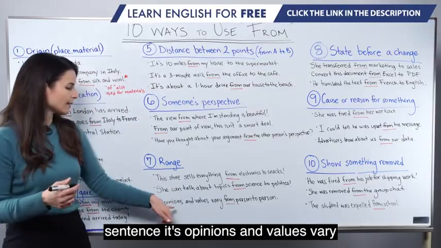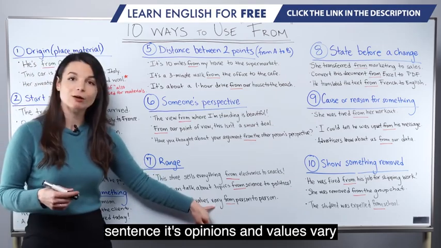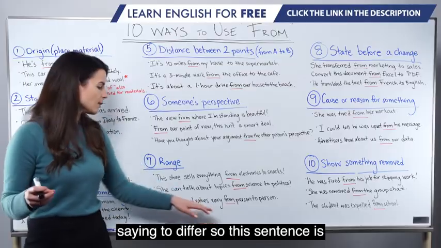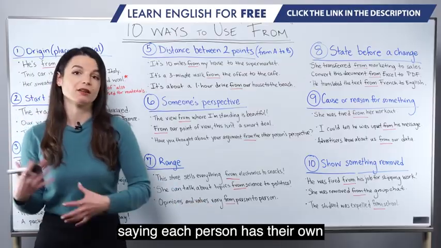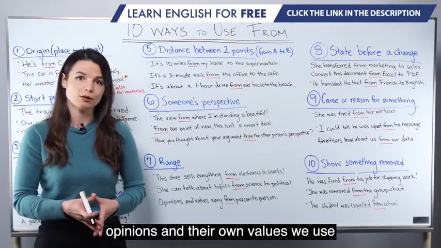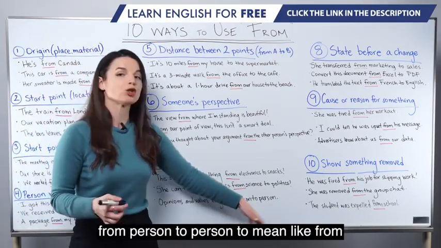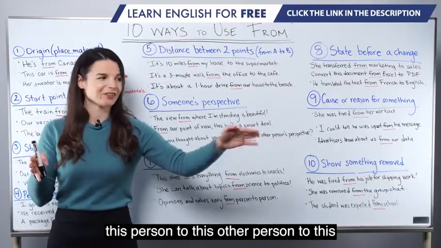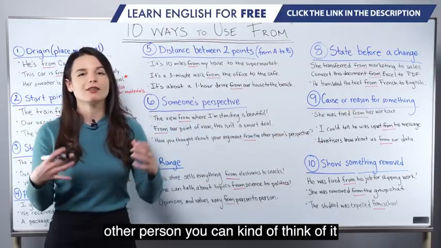In this sentence, it's opinions and values vary. So to vary means to differ. So this sentence is saying each person has their own opinions and their own values. We use from person to person to mean from this person to this other person to this other person. You can kind of think of it in that way.